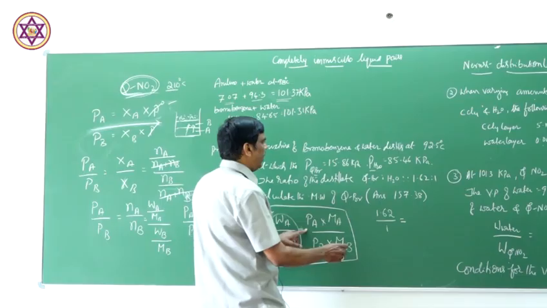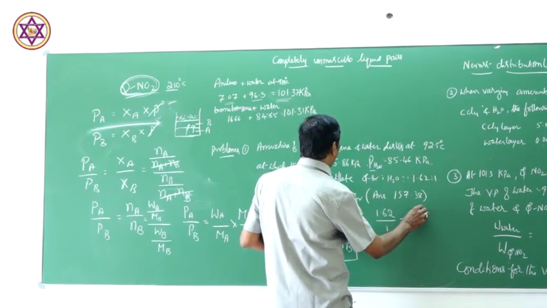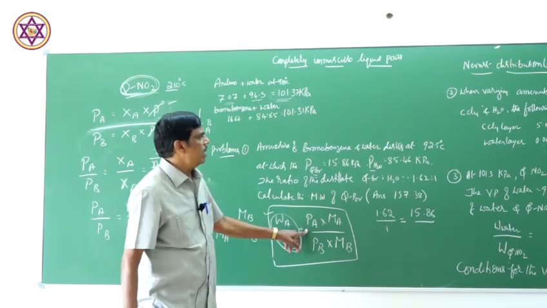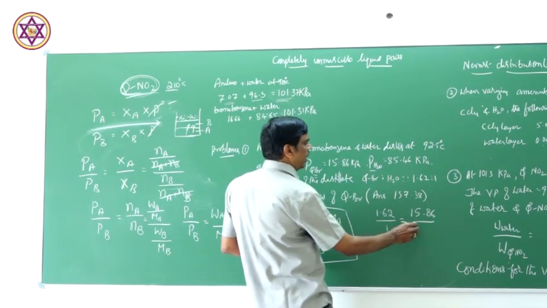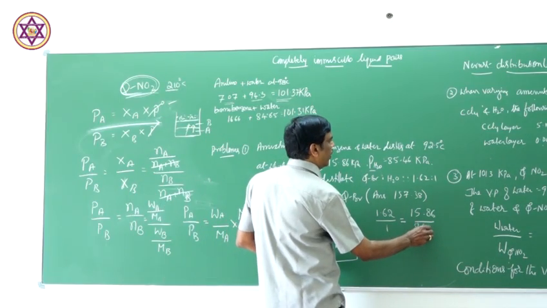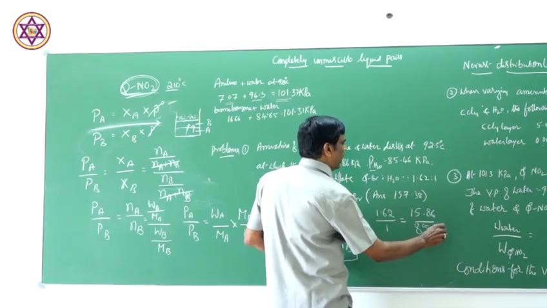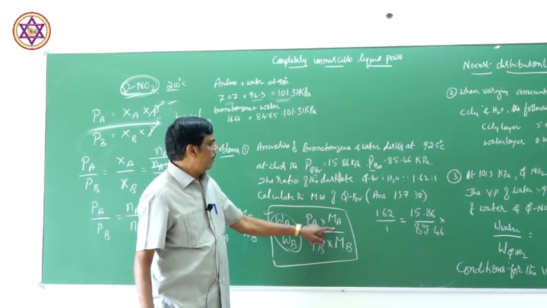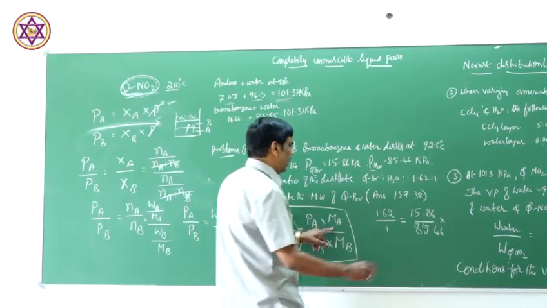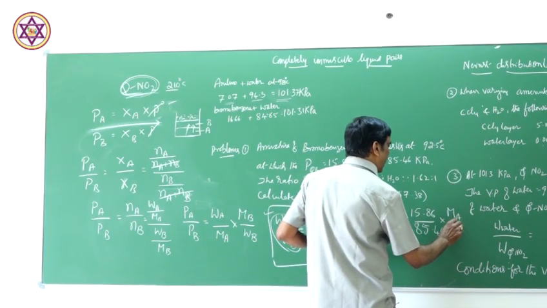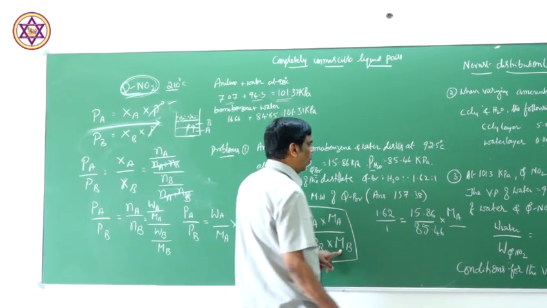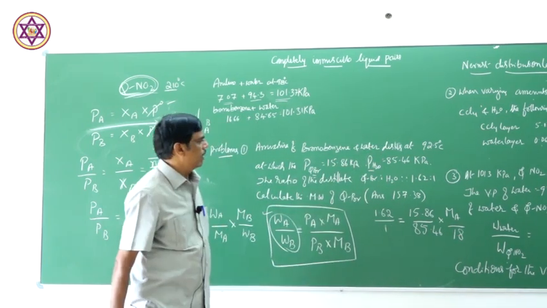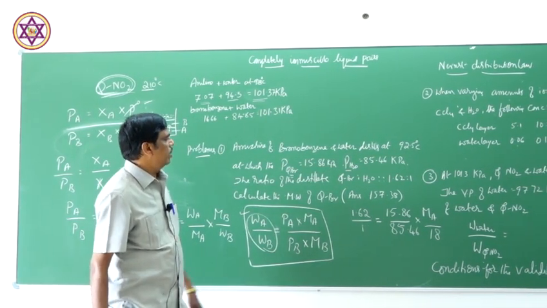Partial vapor pressure of A, bromobenzene, is 15.86 kilopascal, and partial vapor pressure of water is given here, it is 85.46, into Ma by Mb. Ma is the molecular weight of bromobenzene, and molecular weight of water is 18.